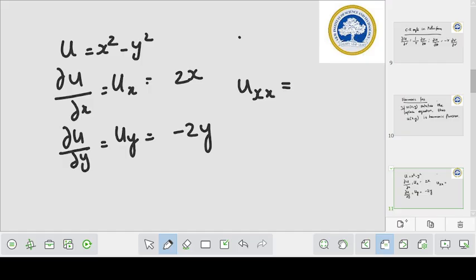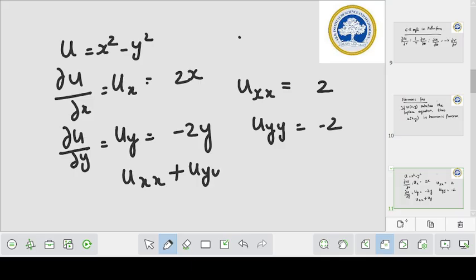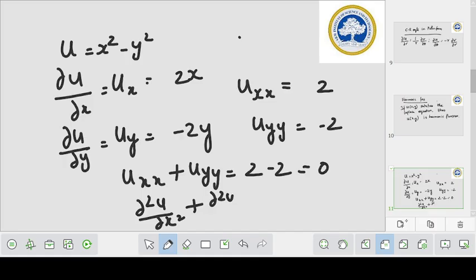It is the differentiation of ux again, so it is 2. And u double y is minus 2. Now u double x plus u double y equals 2 minus 2 equals 0. Since dou square u by dou x squared plus dou square u by dou y squared equals 0, therefore the given function is harmonic.